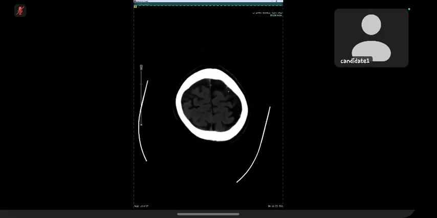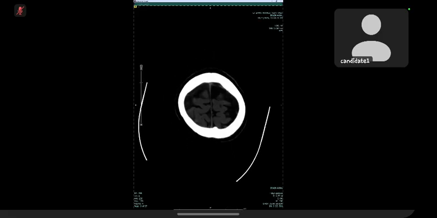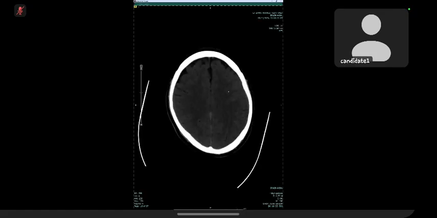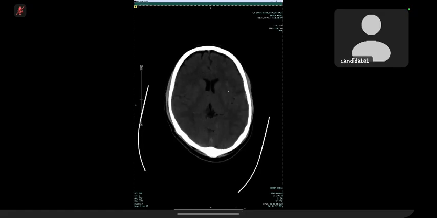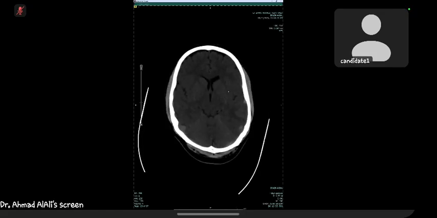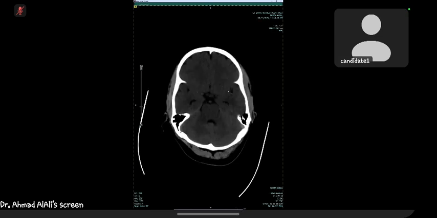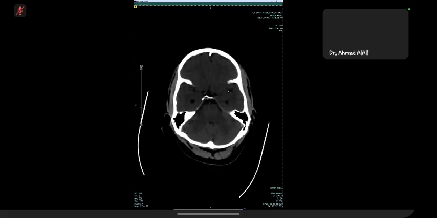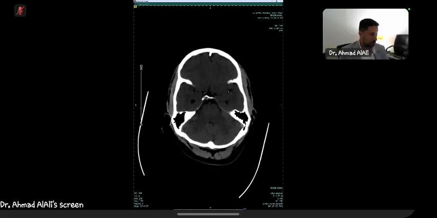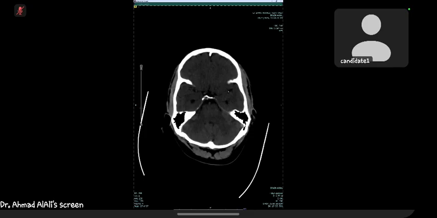The area of concern in this condition is the area affecting the reticular activating system. There is no evidence of any abnormality. I am looking at the basilar artery. There is no evidence of basilar artery hyperdensity.